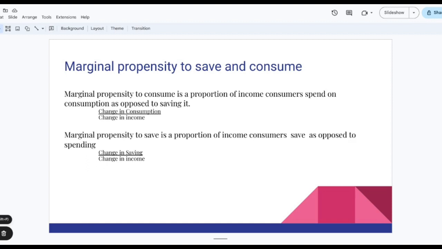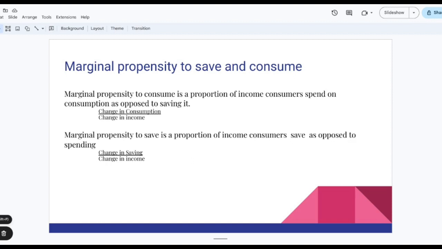The same applies to marginal propensity to save, but instead of consumption we'd have change in savings. So the marginal propensity to consume would be change in consumption over change in income.